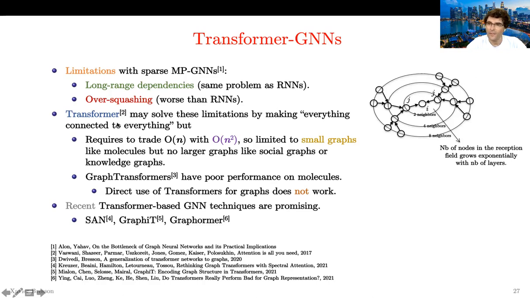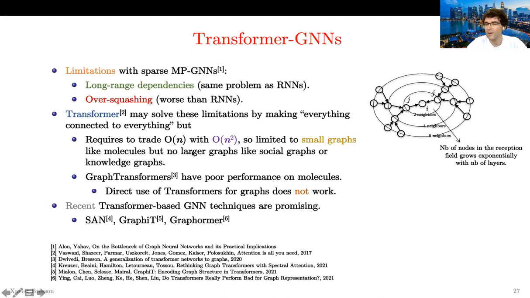So Transformers may solve these issues by making everything connected to everything. But it requires trading the linear complexity of sparse message passing GNNs for quadratic complexity, which means in practice that we are limited to small graphs like molecular graphs.